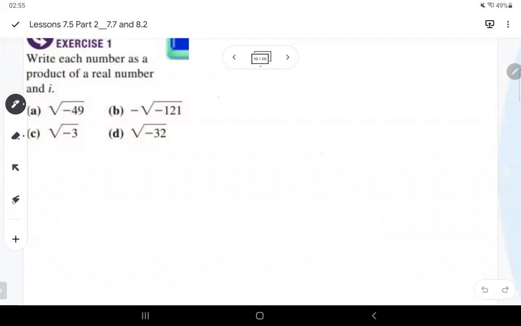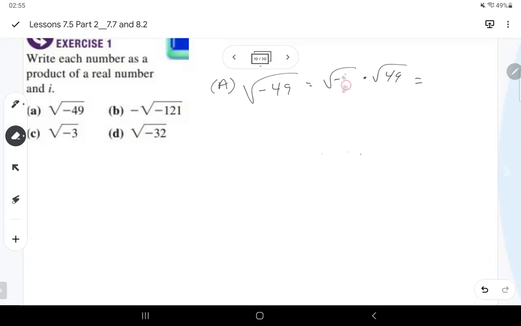So A is a perfect example. The square root of -49. So square root of -1 times the square root of 49. Let's do square root of 49 first, then -1. So that's going to be plus or minus 7i.